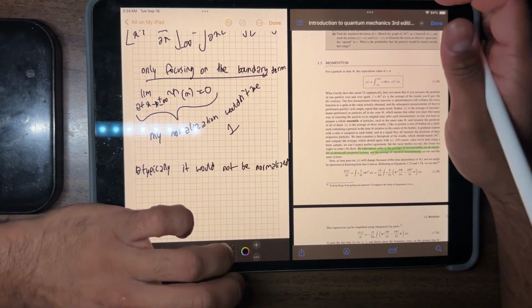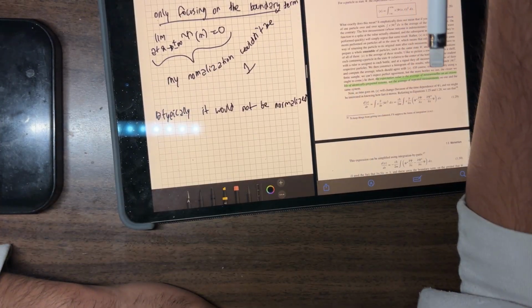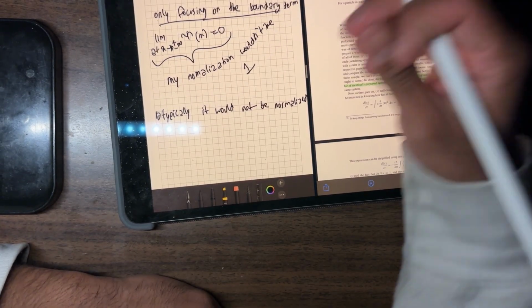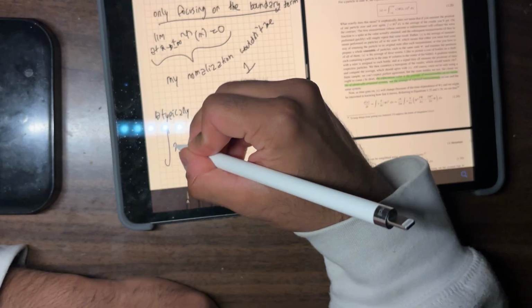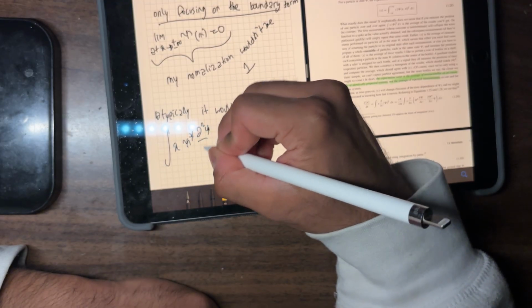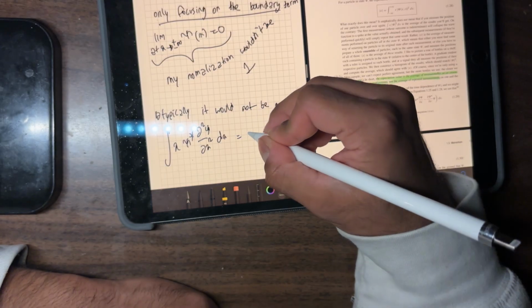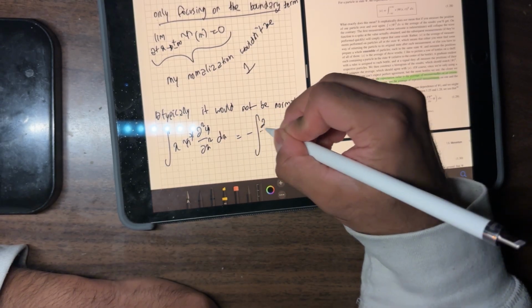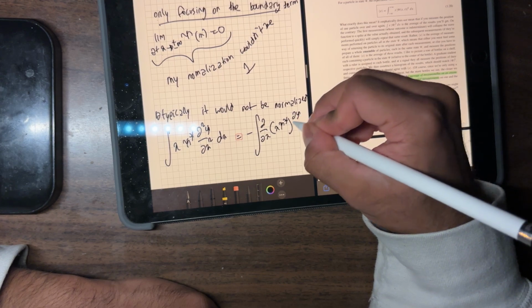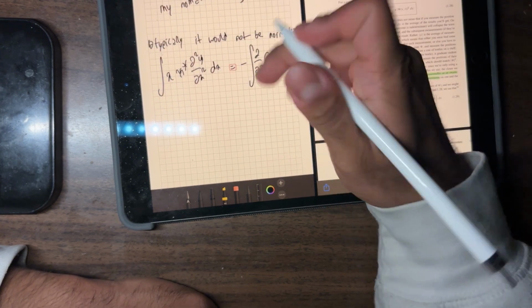And because this wave function goes to 0, x psi conjugate d squared psi by dx squared dx would be the same as minus the integral of d by dx of x psi conjugate times d psi by dx dx. Why?